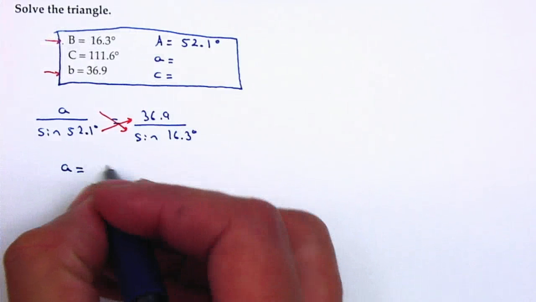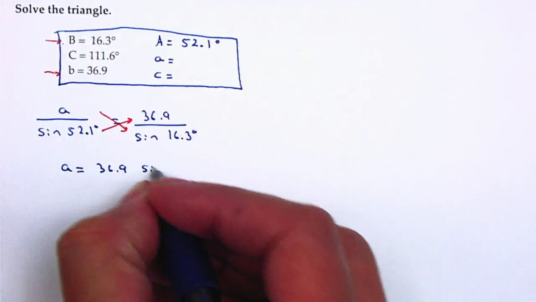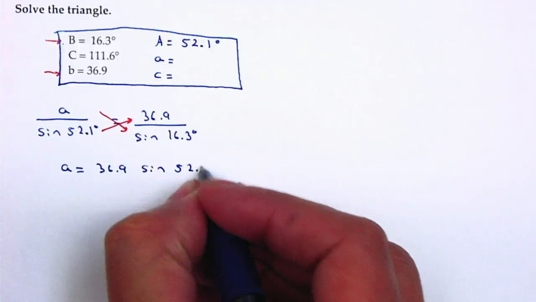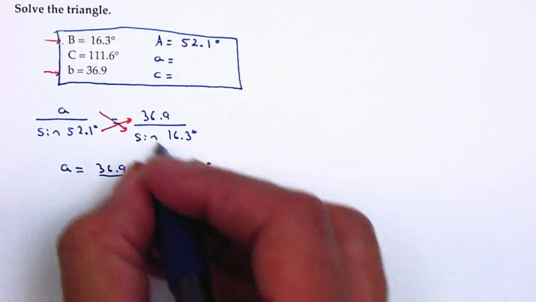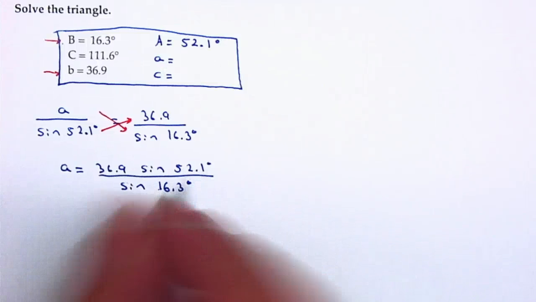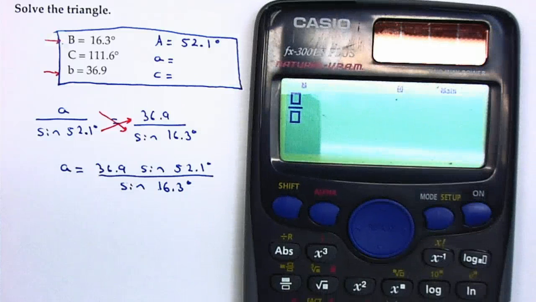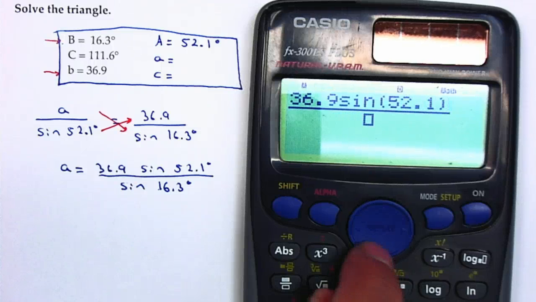A is equal to 36.9 multiplied by the sine of 52.1 degrees divided by the sine of 16.3 degrees. And I'm going to type that into the calculator. We have fraction bar, 36.9 multiplied by the sine of 52.1 divided by the sine of 16.3.